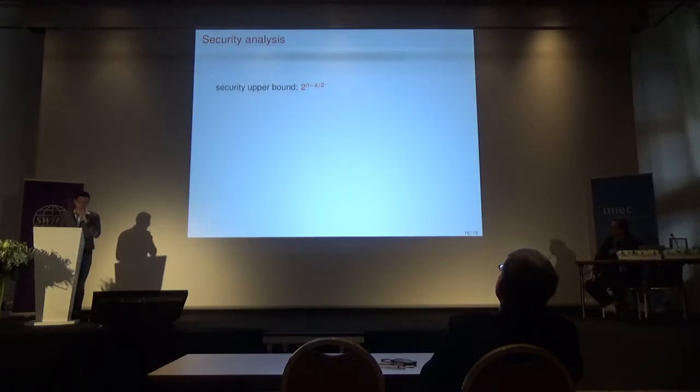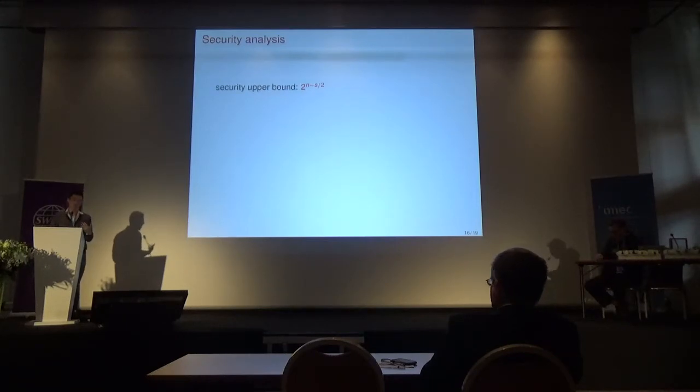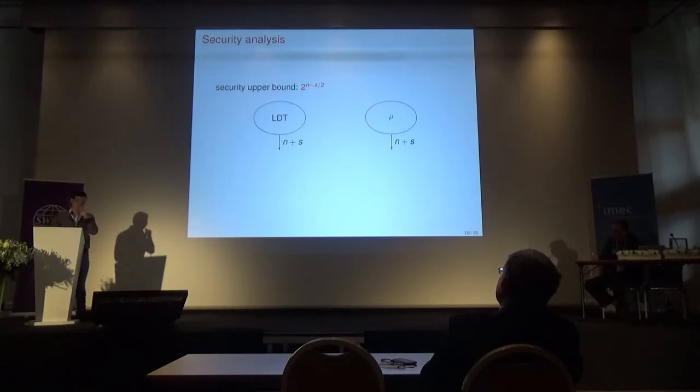And as mentioned before, we believe that we will have beyond birthday bound security because we also found an attack on our scheme that gives a security upper bound of 2 to the power (n minus s) divided by 2. The attack is based on, okay, I'm going to explain the attack now.